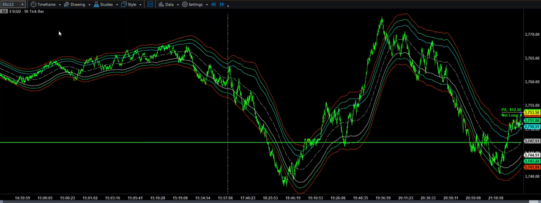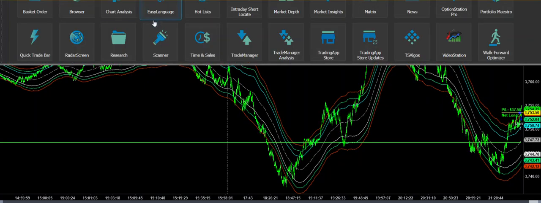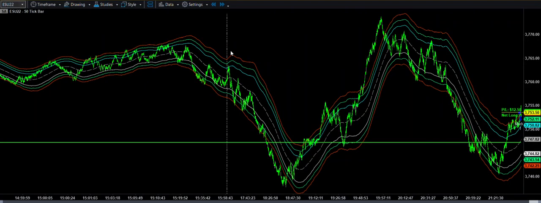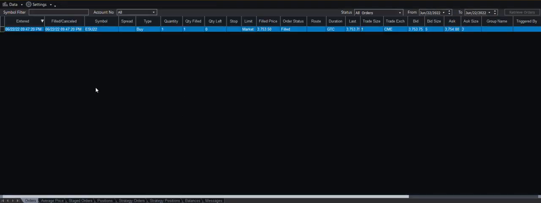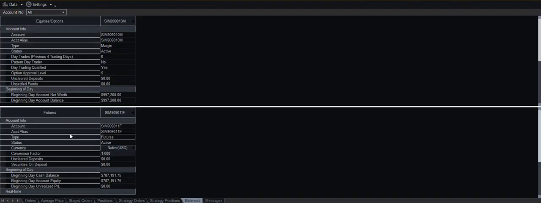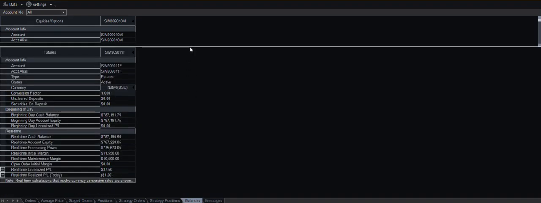Now what I'm going to do is go up and look at the trade manager. I'm going to open up the accounting system for all of this and go over to balances for futures. I'm going to move this up, and we're going to look at this particular line right now, real-time initial margin.